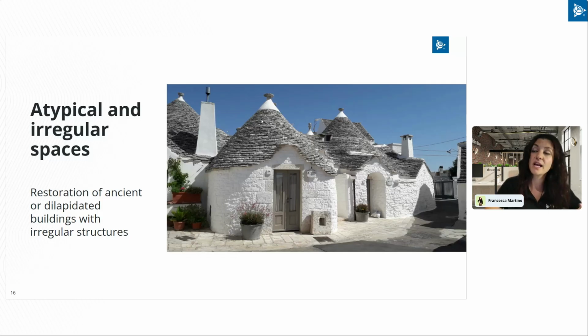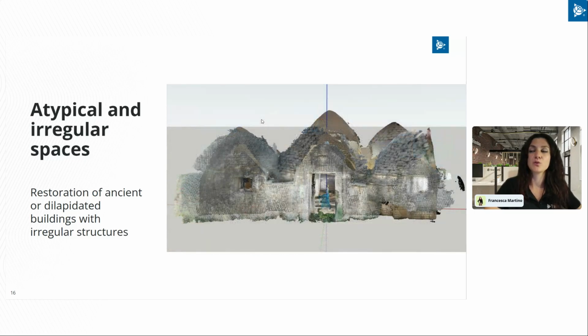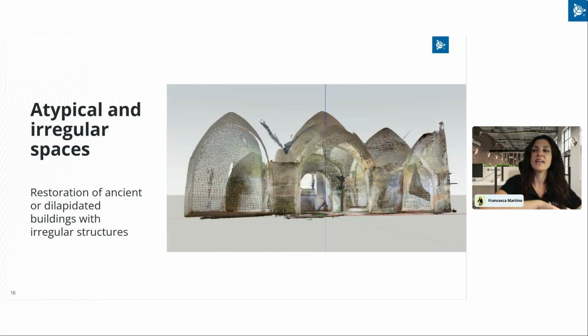They're very beautiful, and nowadays architects work on their renovation. However, as you can imagine, they're super hard to study because they're very irregular. They're traditional structures. There's nothing that is straight. Therefore, point clouds can be super handy to have all the different information of each spot of the exterior, but also of the interior.